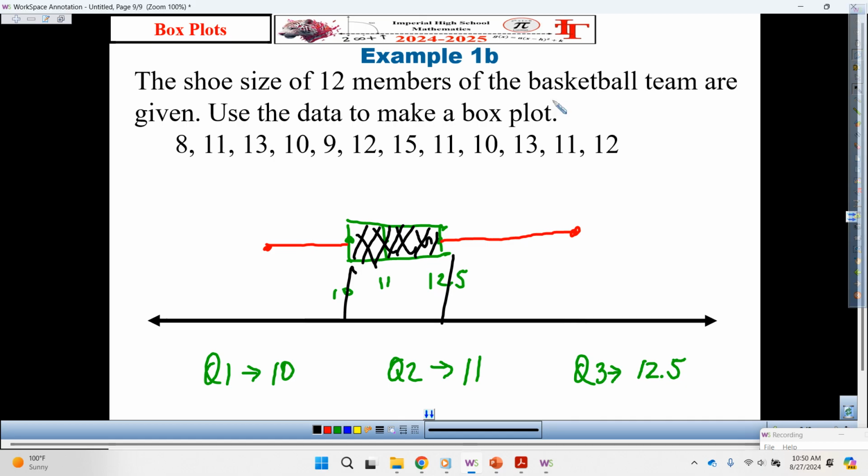Oh, sorry. What's that? So the average shoe size for the basketball team members is between 10 and 12.5, yeah? All right, send that in.